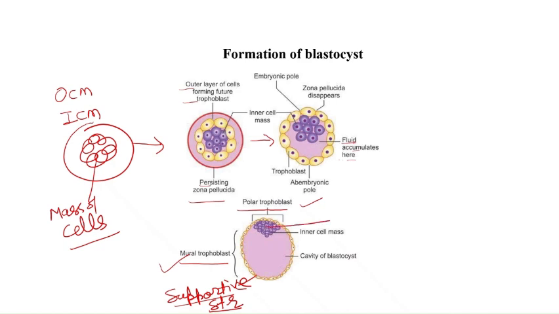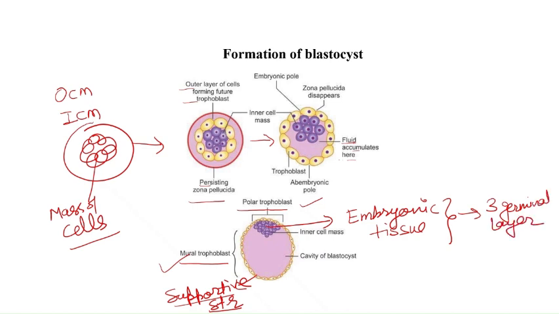Okay? And this embryo proper is called embryonic tissue, and it will give rise to all three germinal layers, that is ectoderm, endoderm, and mesoderm.